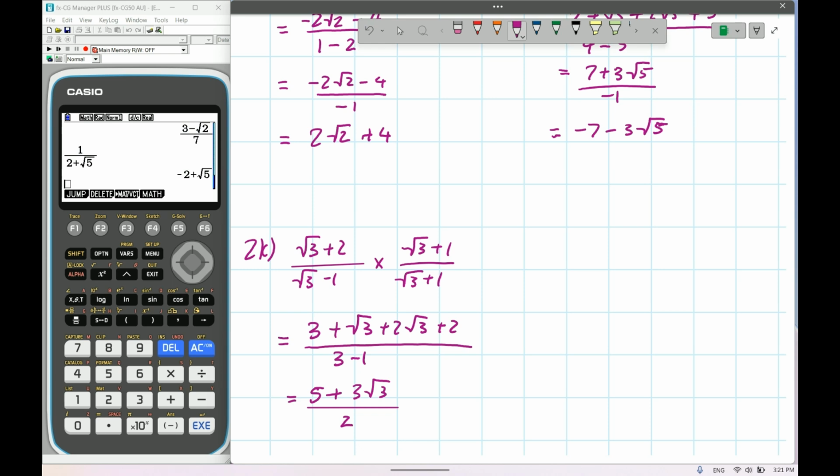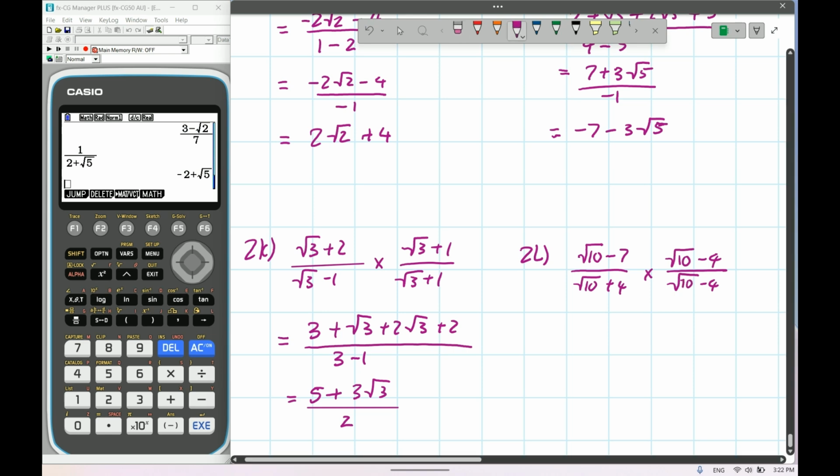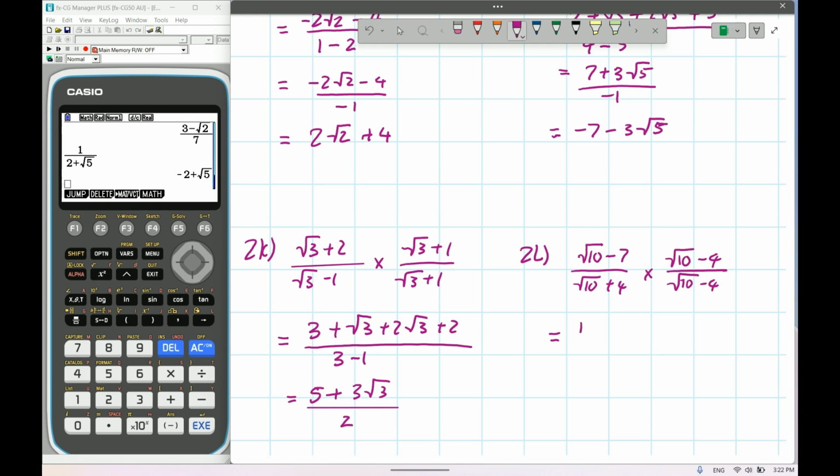Last one. Root 10 take 7 over root 10 plus 4. Root 10 minus 4 over root 10 minus 4. So just expanding the top, this will become 10 minus 7 root 10 minus 4 root 10 plus 28.